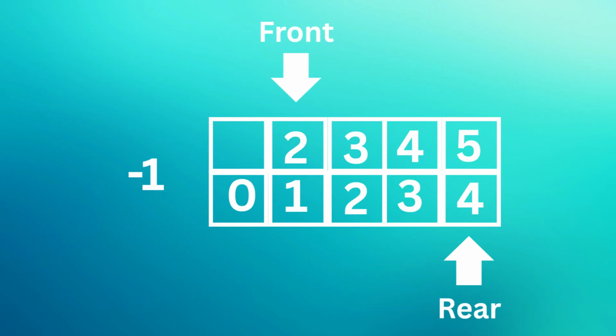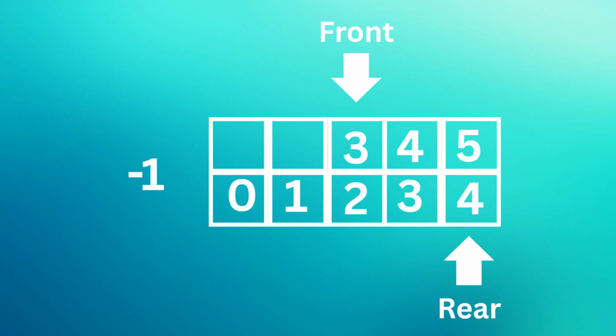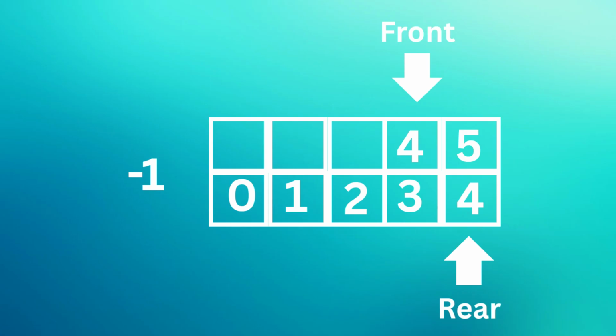So if we want to remove one value again, our front in the index 1 will move into index 2, next in the index 3, and lastly in index 4, which is the last index.